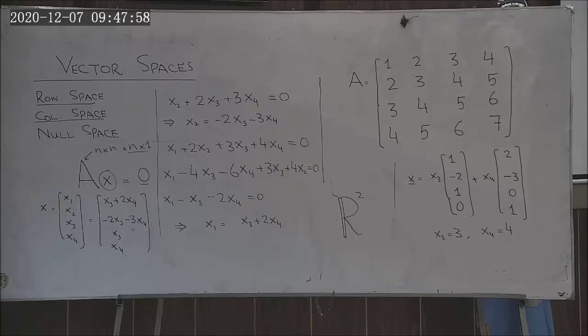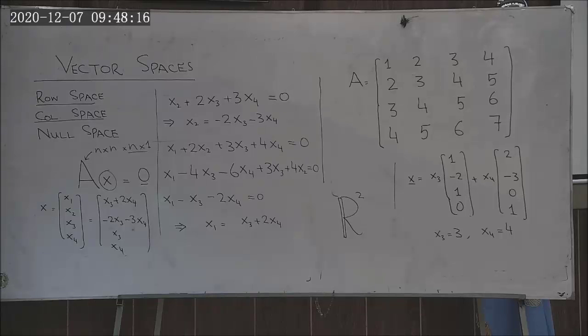What is the dimension of a vector space? It is the maximum number of linearly independent vectors in that space.